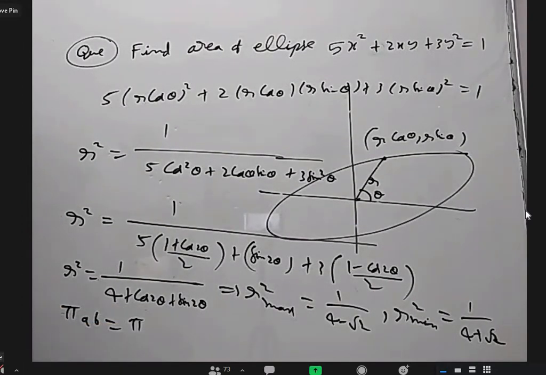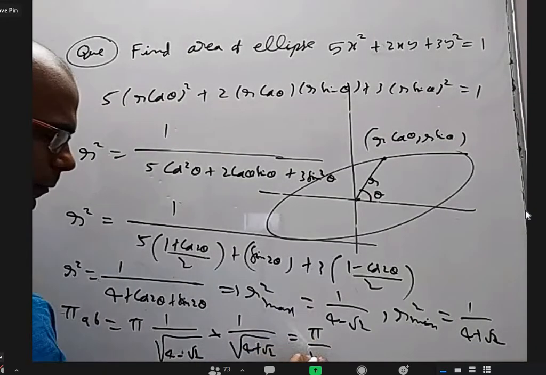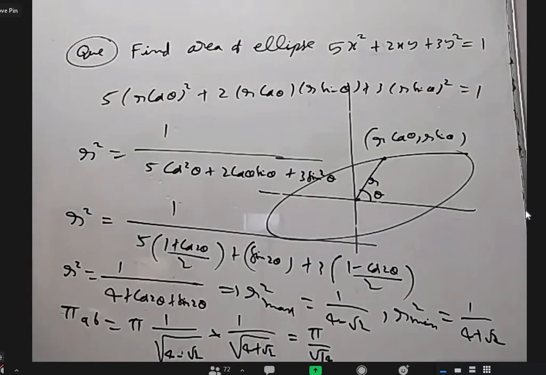Pi into the reciprocal of this: 1 by square root of 4 minus root 2, and B is 1 by square root of 4 plus root 2. That is pi by root over 16 minus 2, so pi by root 14.